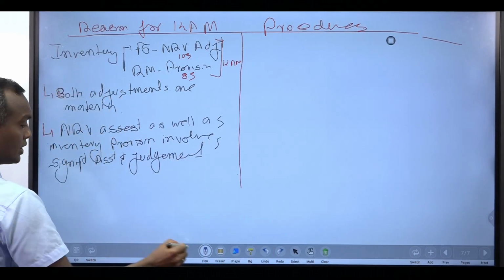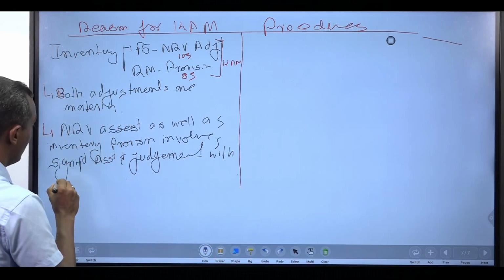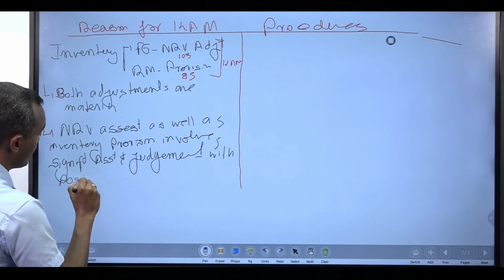And also when there is judgment, right, with possibility of management bias, you can always say with possible bias.